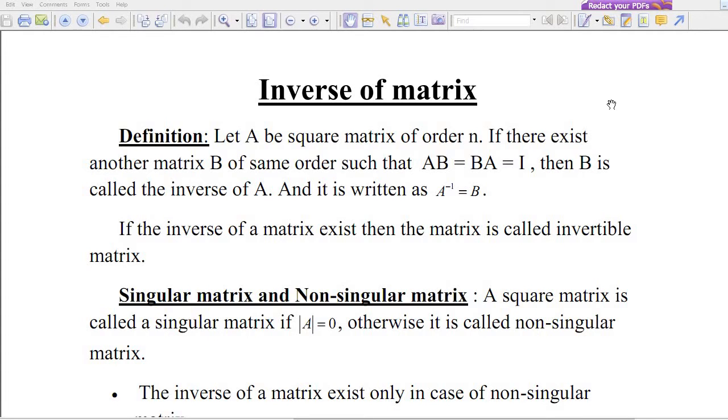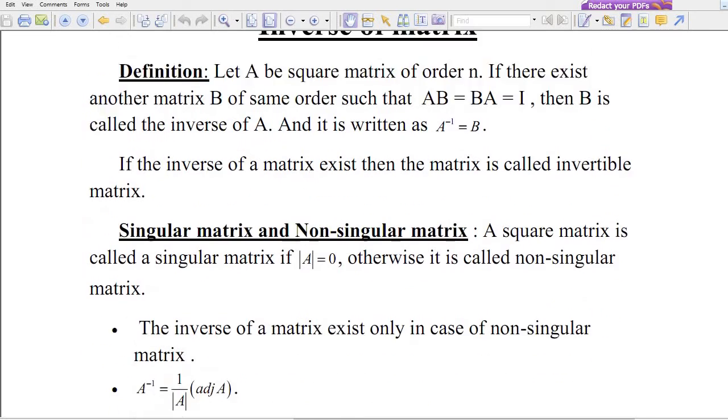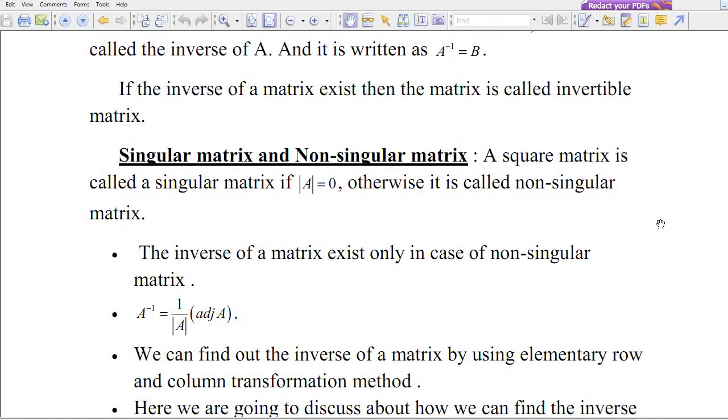Now see what singular and non-singular matrices are. A square matrix A is called a singular matrix if determinant of A equals 0. Otherwise it is called a non-singular matrix. That means if determinant of A is not equal to 0, the matrix is non-singular.